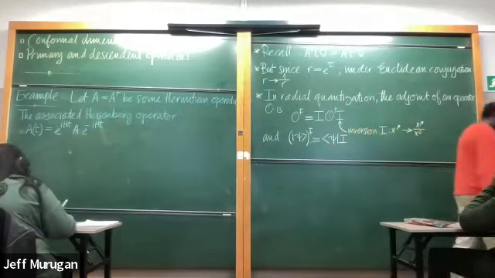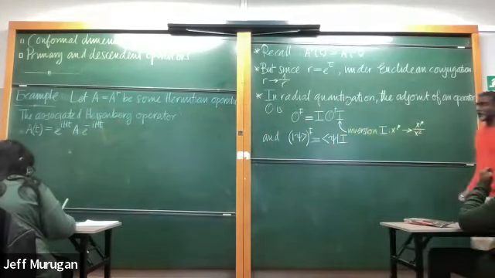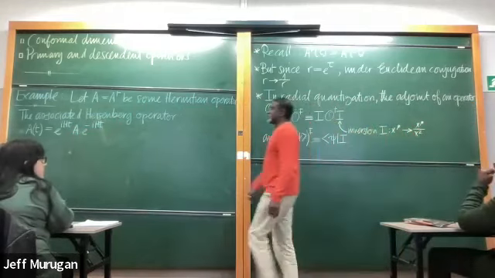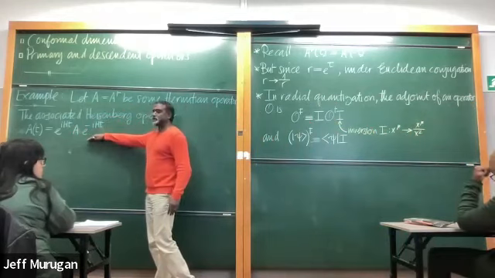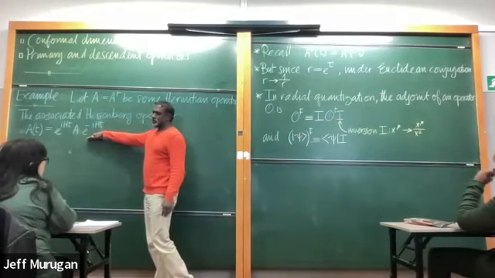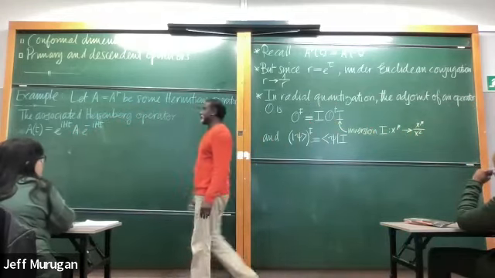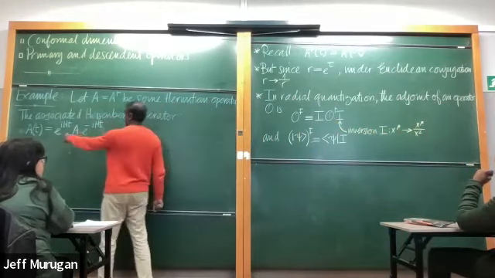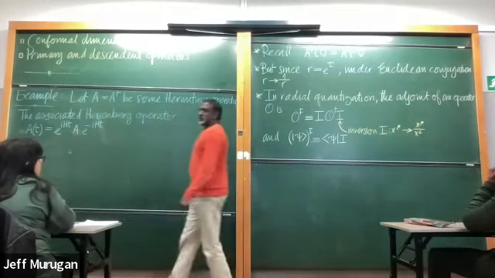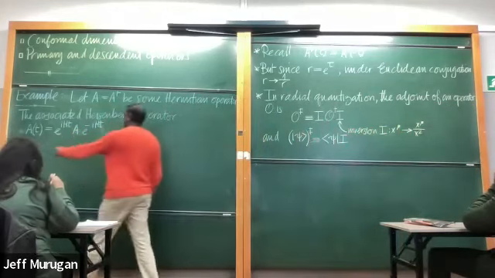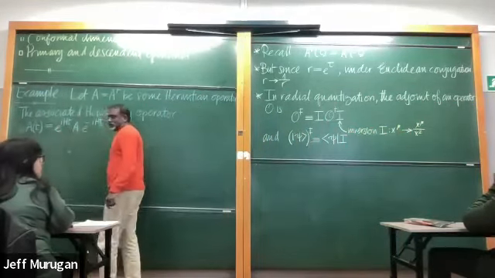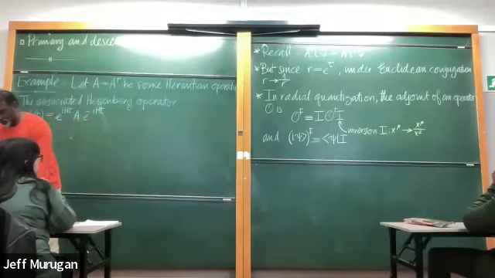So given some operator A, which I'm assuming to be in the Schrödinger picture, I can construct a time-dependent operator A of t by multiplying on the left and right by the time evolution operator. Okay. All right. So let's see what happens if I conjugate this guy with the usual Hermitian conjugation.